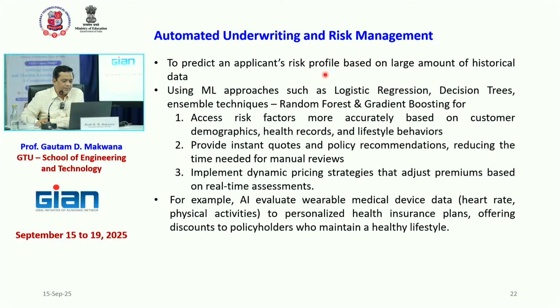It is to predict the applicant's risk profile based on a large amount of historical data, using ML approaches such as logistic regression, decision tree, ensemble techniques, random forest, and gradient boosting to assess risk factors more accurately based on customer demographics, health records, and lifestyle behavior.